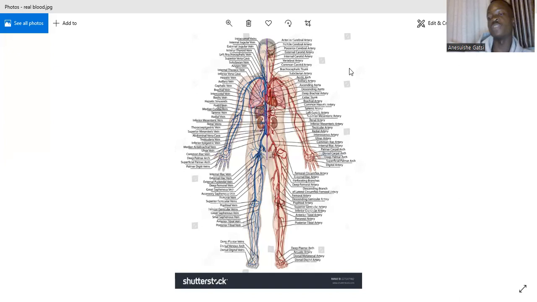Then if you look at the costocervical trunk, we say on the left side, it's going to be a branch of the first part, then on the right side, it's a branch of the second part. I won't bore you with such details, but what's more essential to remember is that it gives off the deep cervical artery, and it also gives off the superior intercostal artery, right?